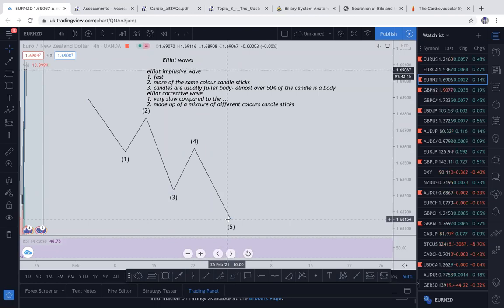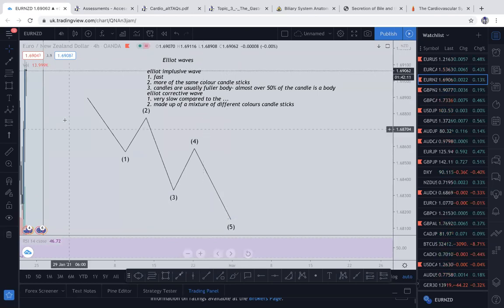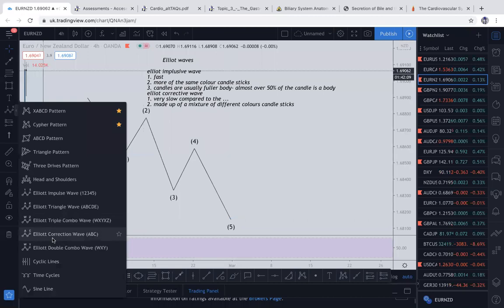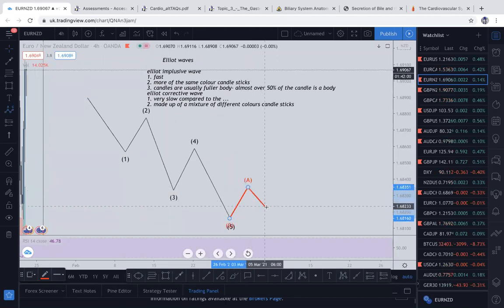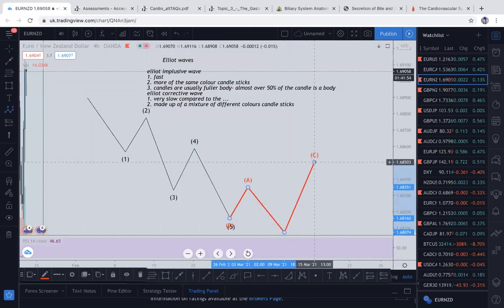Whenever these corrective measures are happening in the market, they are followed by these ones, which is the Elliott correction wave. From the five, you usually have this. You always have the ABC, which is the corrective wave.